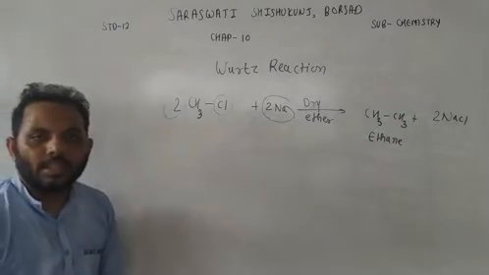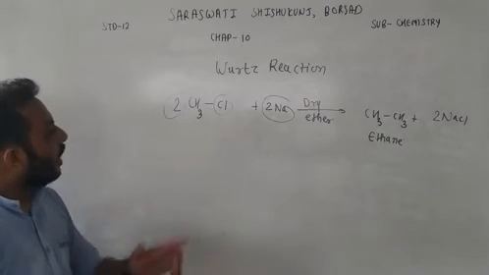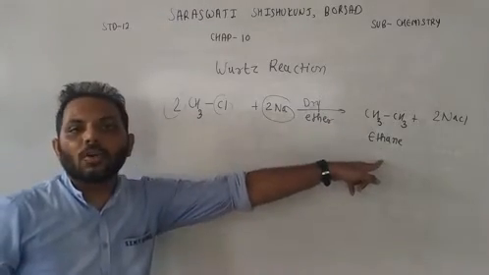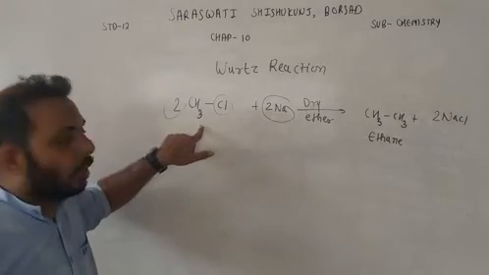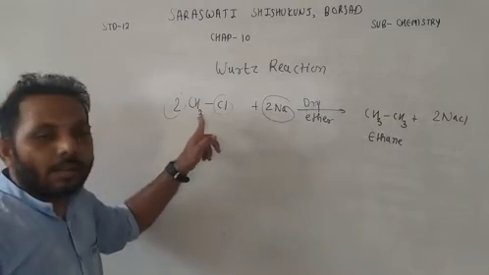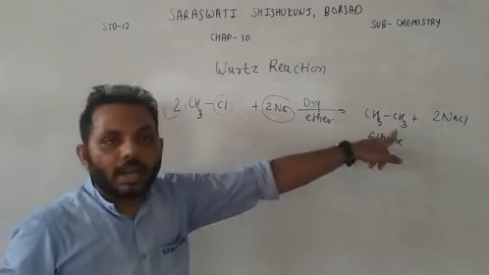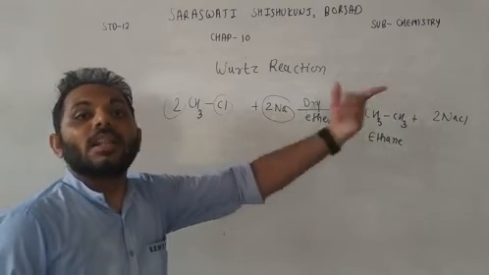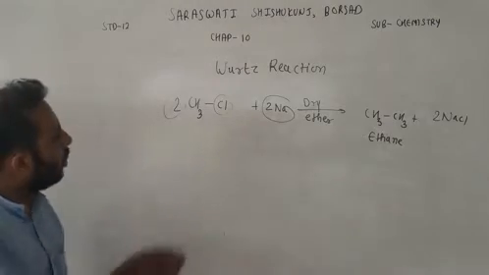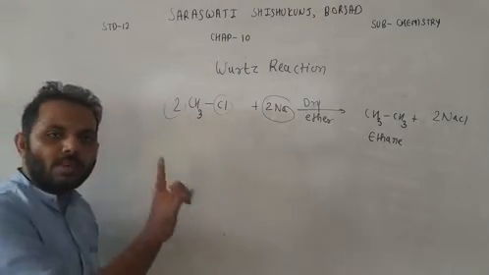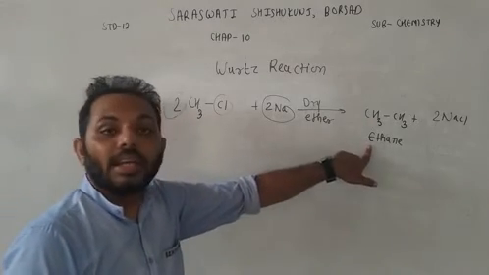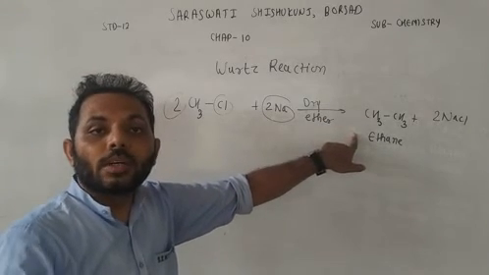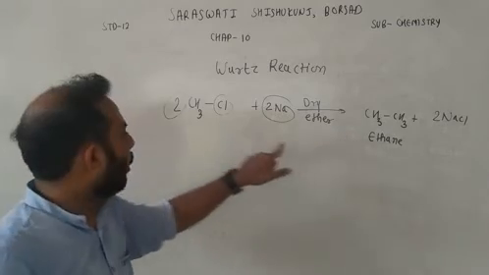In this reaction, if you observe carefully, we have a one carbon haloalkane, for example chloromethane, and we are getting double the carbon, ethane, which has 2 carbons. So we can say that the product, alkane, has double the number of carbon compared to haloalkane.